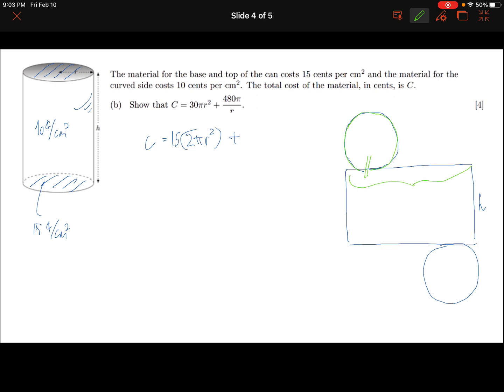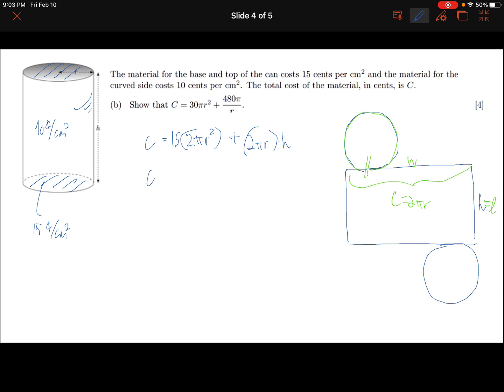In other words, the perimeter of the circle, which is 2 pi r. So length would be the height, width would be 2 pi r. So now we have length times width, which would be 2 pi r times h.